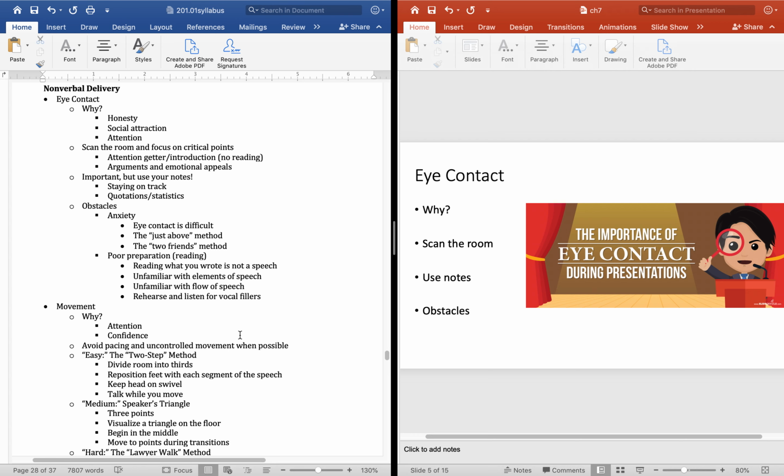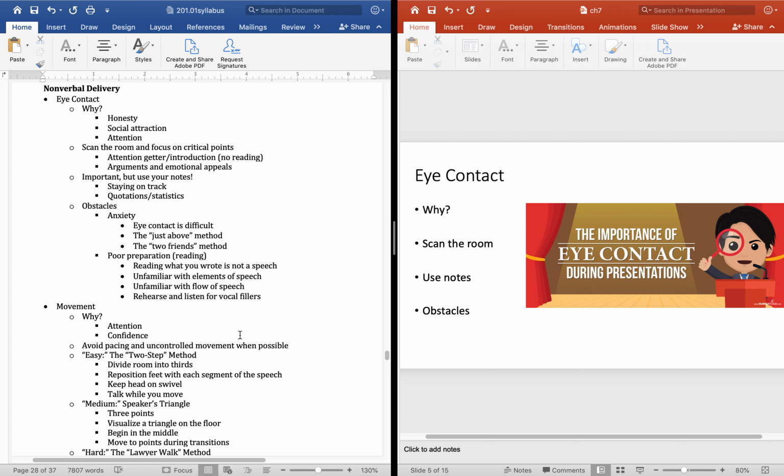Most people will think, I wonder why they're not making eye contact with me, but they are making eye contact with everyone else. So, it can definitely be done. We'll come back to this in just a second with another method, but I want to stay on this outline track here, where I'll say this with attention getters, for example, the introduction.